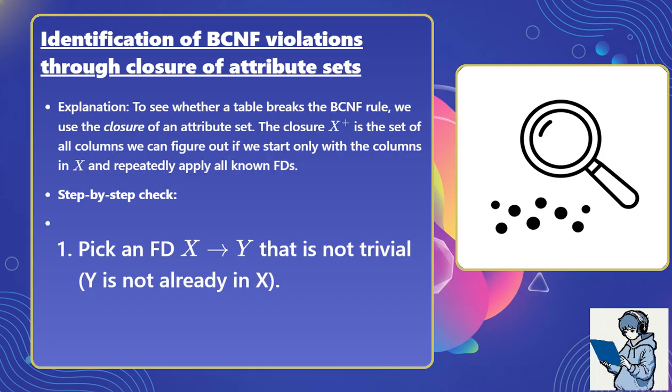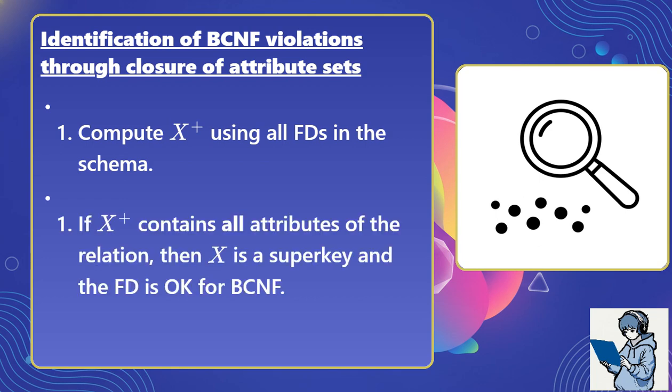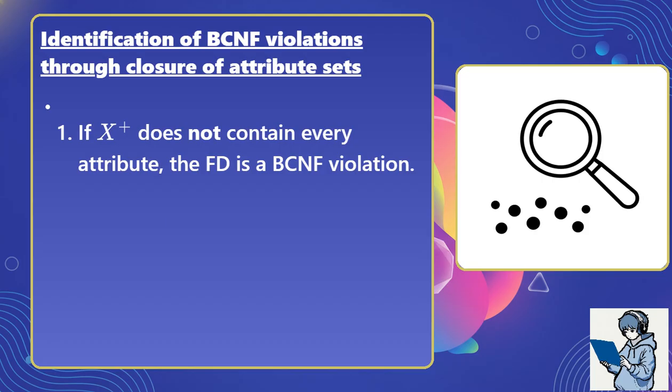Y is not already in X. 2. Compute X plus using all functional dependencies in the schema. 3. If X plus contains all attributes of the relation, then X is a superkey, and the functional dependency is okay for BCNF. 4. If X plus does not contain every attribute, the functional dependency is a BCNF violation.